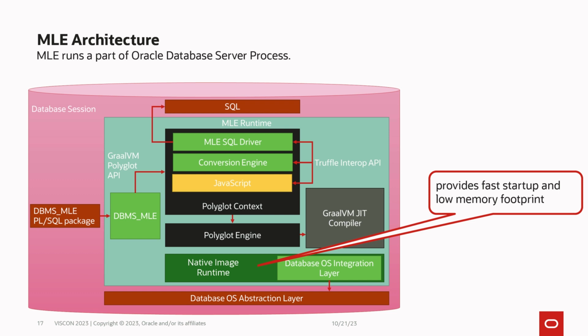All the arrows going from the red part to the blue part are database code invoking MLE APIs. And all the arrows going from the blue part to the red part are MLE runtime invoking database functions. Why would MLE want to invoke database functions? For things like executing SQL code, doing memory allocations, and so on.